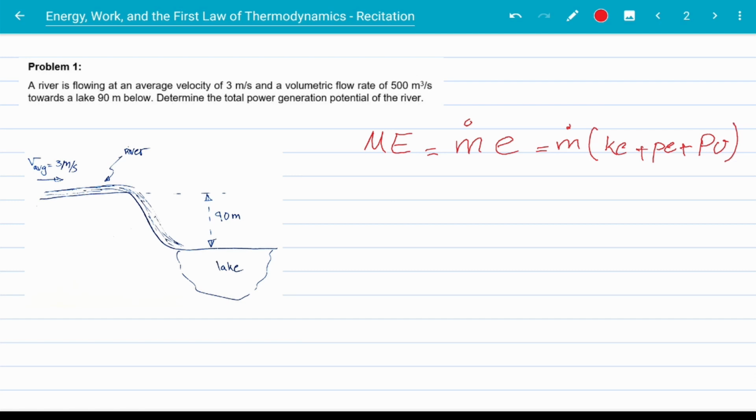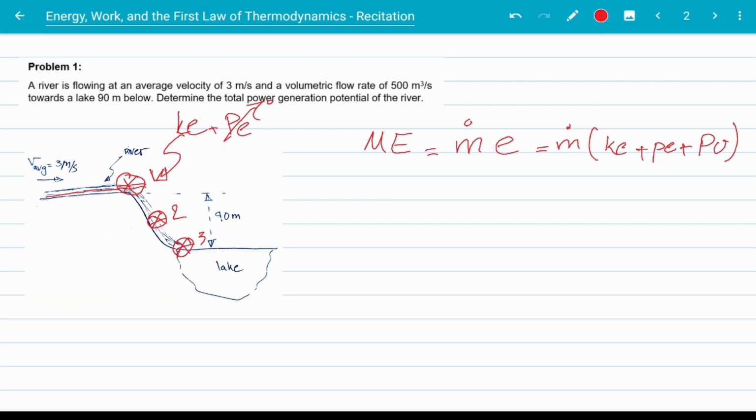Okay, so let's say we have these three options to put our turbine. One up there, one in the middle here, and one down here on the lake surface. Now let's compare them. At point 1, we have kinetic energy, but because the turbine and the river are on the same line, we don't have any potential energy.